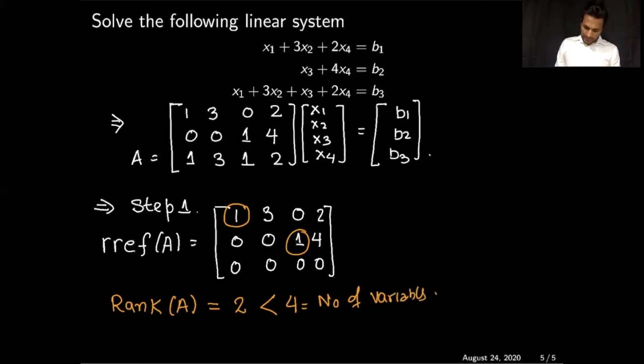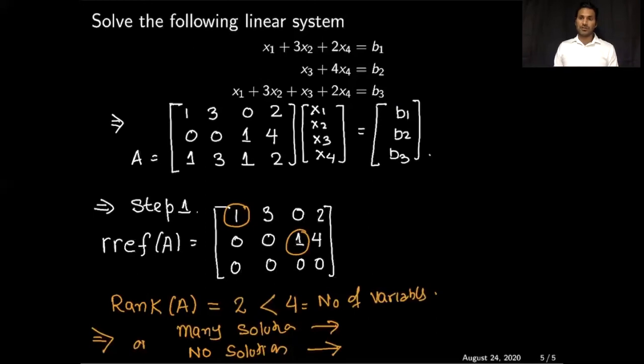So this implies our linear system will have many solutions or no solution. So we will have only two possibilities. It can have many solutions and it can have no solution. Many solutions if b belongs to the column space of A, and no solution if b does not belong to the column space of A.